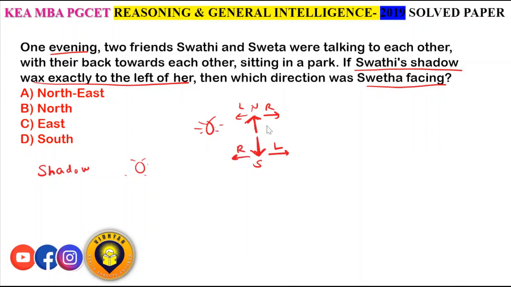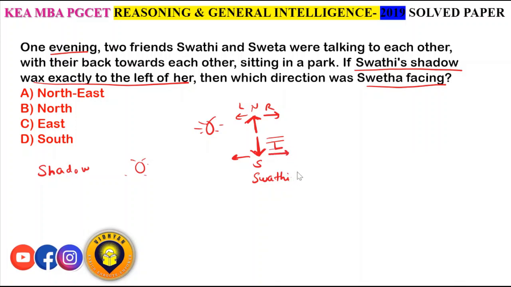Now the shadow always falls on this side, correct? Swati's shadow was exactly to the left of her. That means we can say that Swati is facing towards the south because her shadow is falling exactly to the left of her, right?